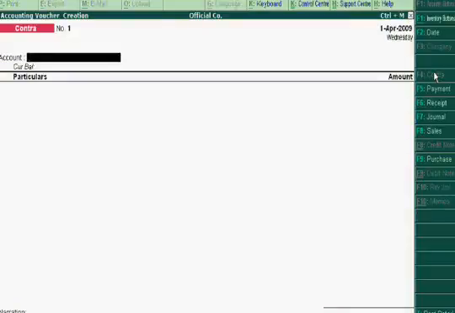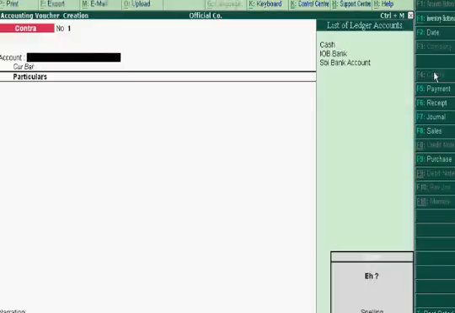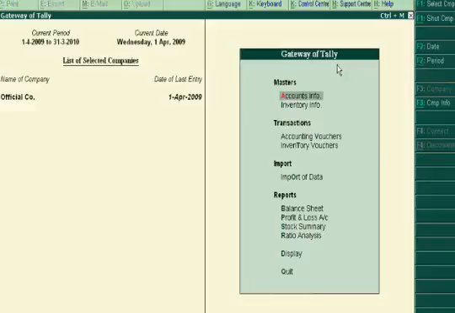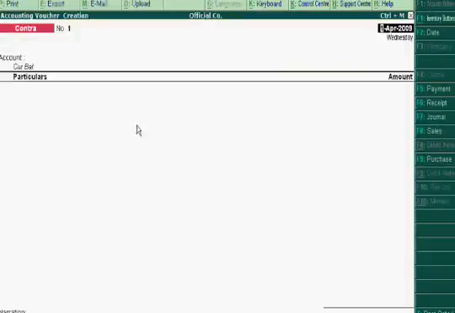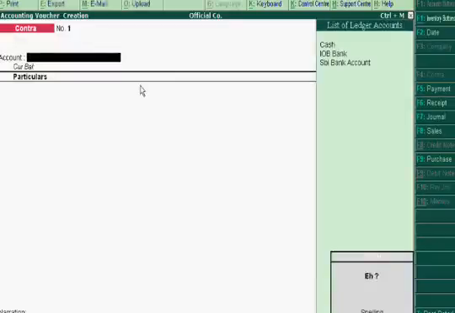Here we will show the name of the bank. We have already created two bank accounts. One is the IOB bank account and the other is the SBI bank account.